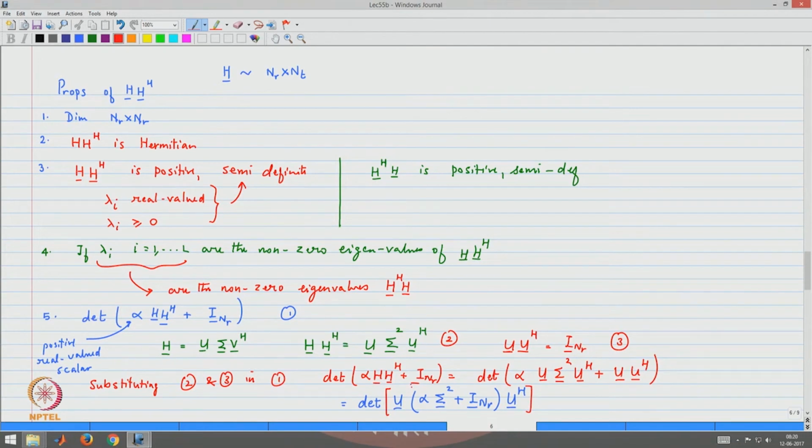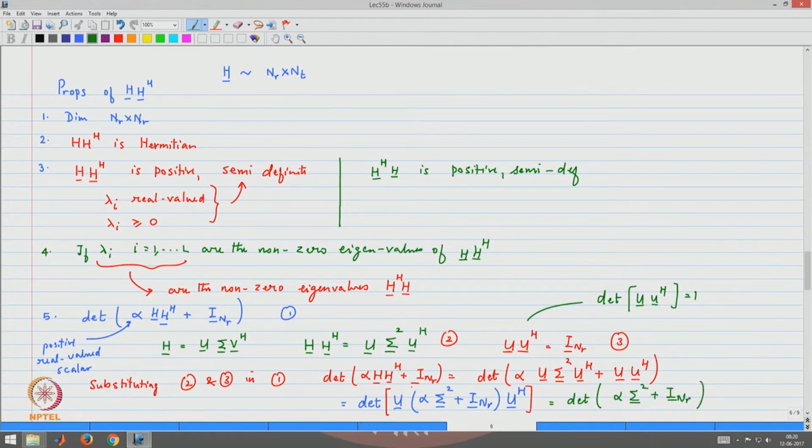We know that the determinant of U Hermitian is 1, because that is the determinant of the identity matrix. So, this can be written as the determinant of alpha sigma squared plus I_NR.